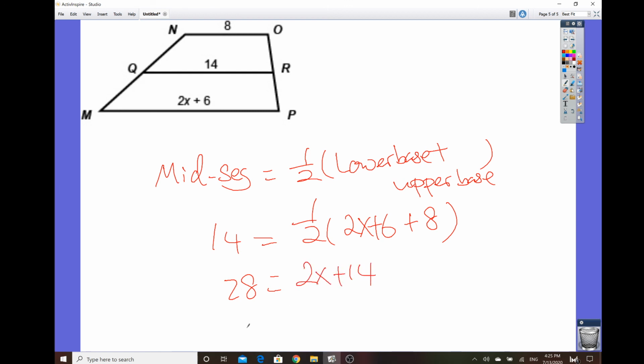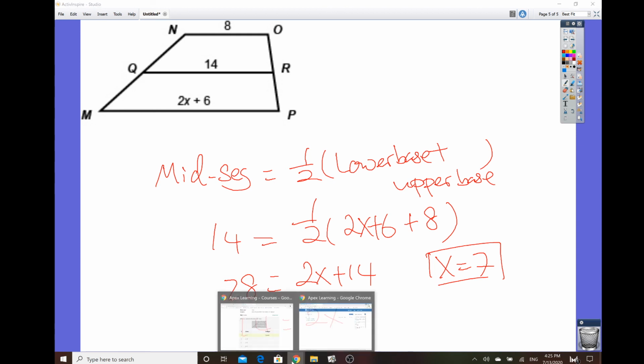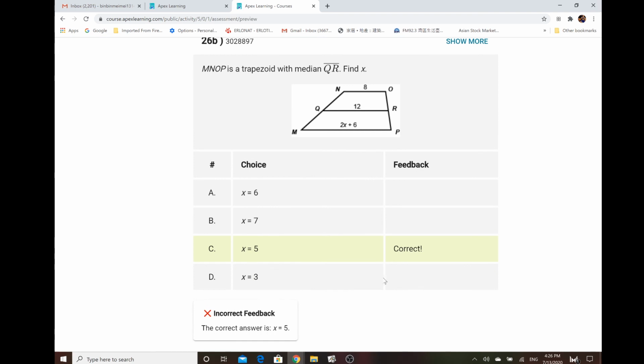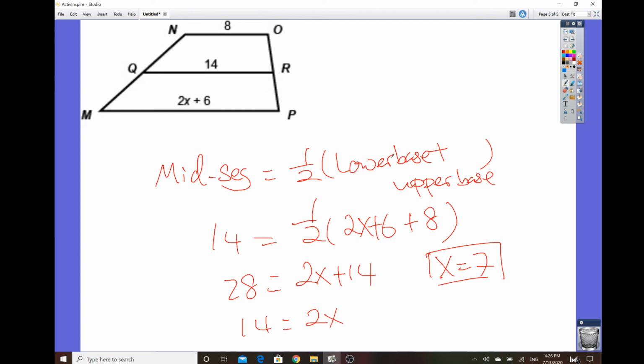So 28 minus 14 is 14, that gives 2x equals 14, so x is 7. Okay, so go back. Yes, x is 7. Again, the mid-segment of a trapezoid is always 1/2 times the quantity of the lower base plus the upper base.